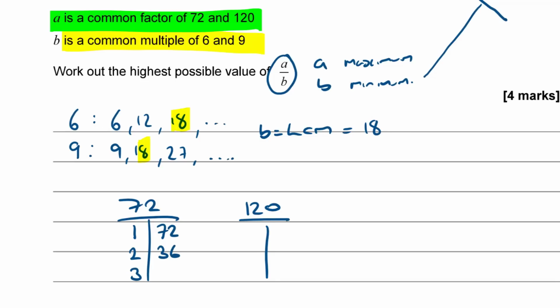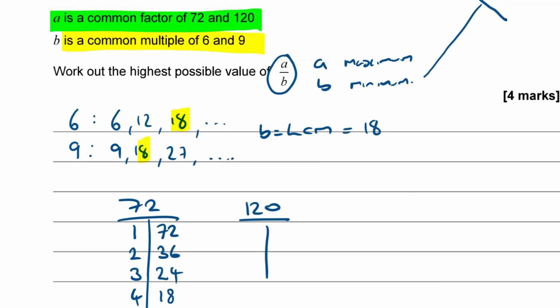So 3 and 24. 4 and 18. 5, no, 6, yeah, 6 goes into it. 6 and 12. 7, no, 8, yes. 8 goes with 9. And look, I've met myself coming down the other way, so that's as far as I'm going to get. So quite a lot of factor pairs of 72.